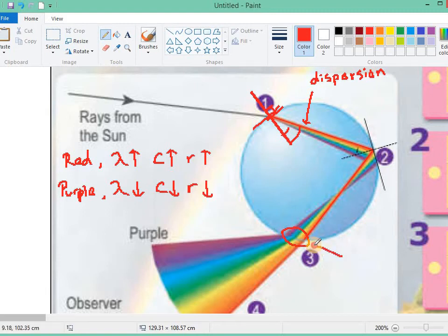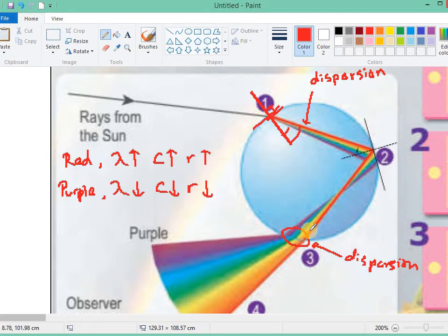Okay, dispersion happen a second time because the different color of light, they are propagating at a different speed of light inside the water. Red is faster, purple is slower.